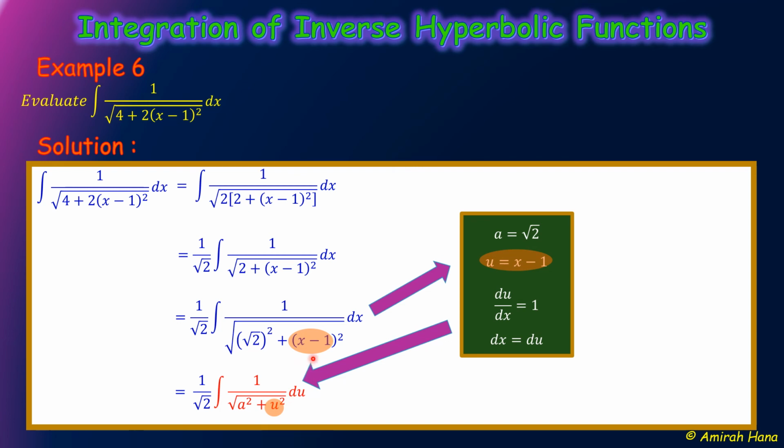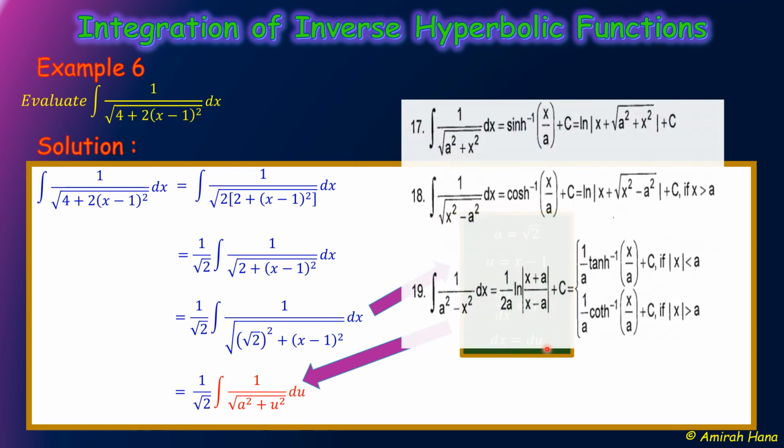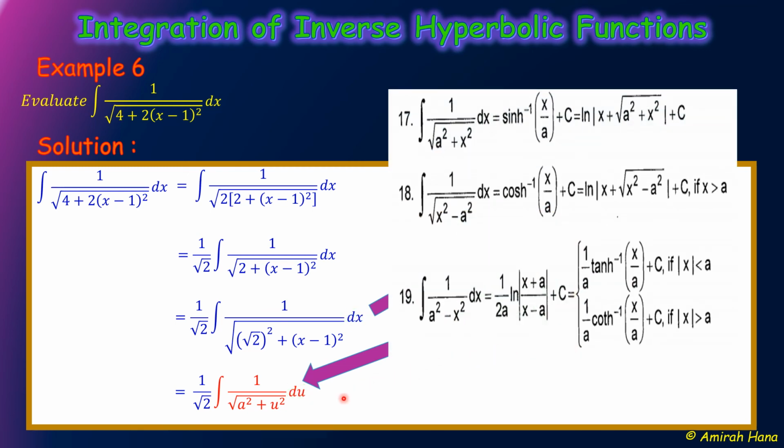And then we write x minus 1 equals u, because from here we have u equals x minus 1. And we write dx equals du, because from here we have dx equals du. Okay, and after that, we can compare with the formula in the appendix. We have 1 over root 2 integration of 1 over root a squared plus u squared du.